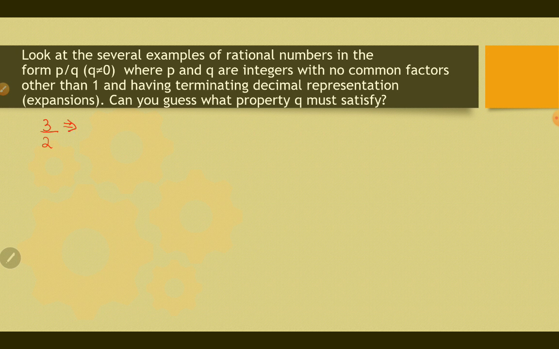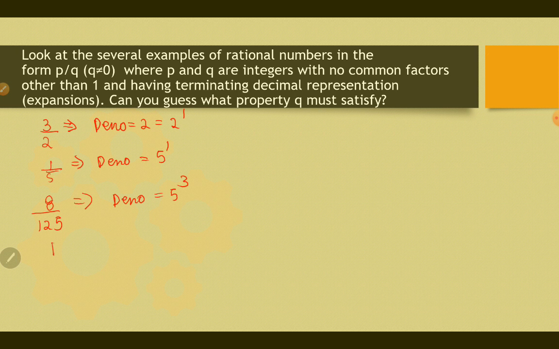We can see the denominator is 2, that is 2 raised to 1. Same way, if we take 1 by 5, the denominator is nothing but 5 raised to 1. Same way, 8 by 125, the denominator is 125, that is nothing but 5 raised to 3.